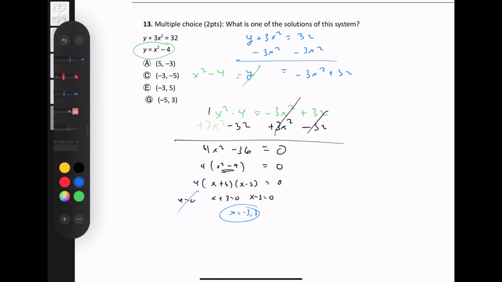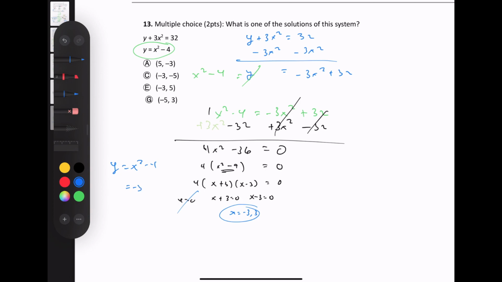Okay, so now I have to test these solutions. Which is one of the solutions in number 13? Okay, so what I would do in this problem is, let's test negative 3. Y equals x squared minus 4.